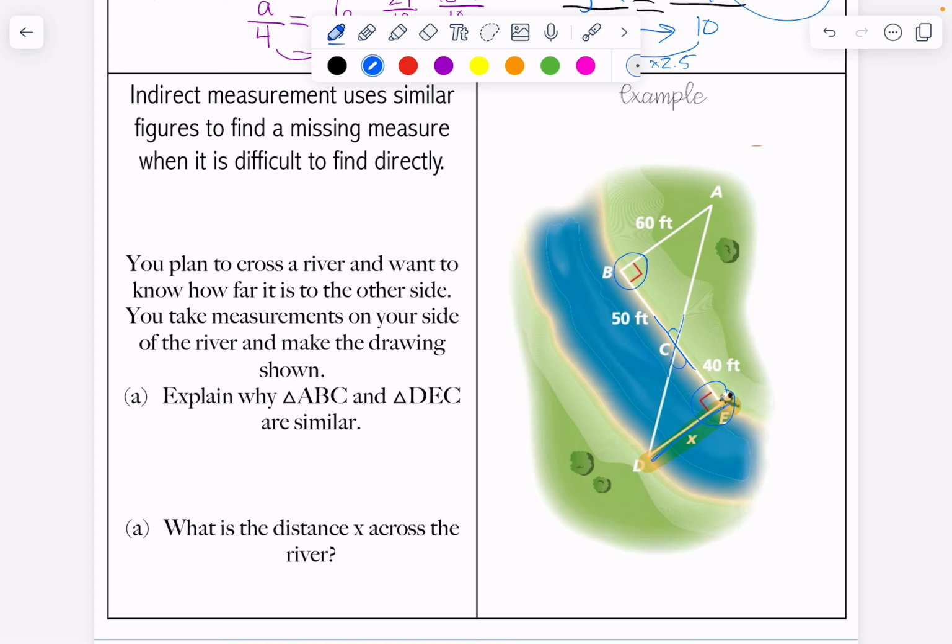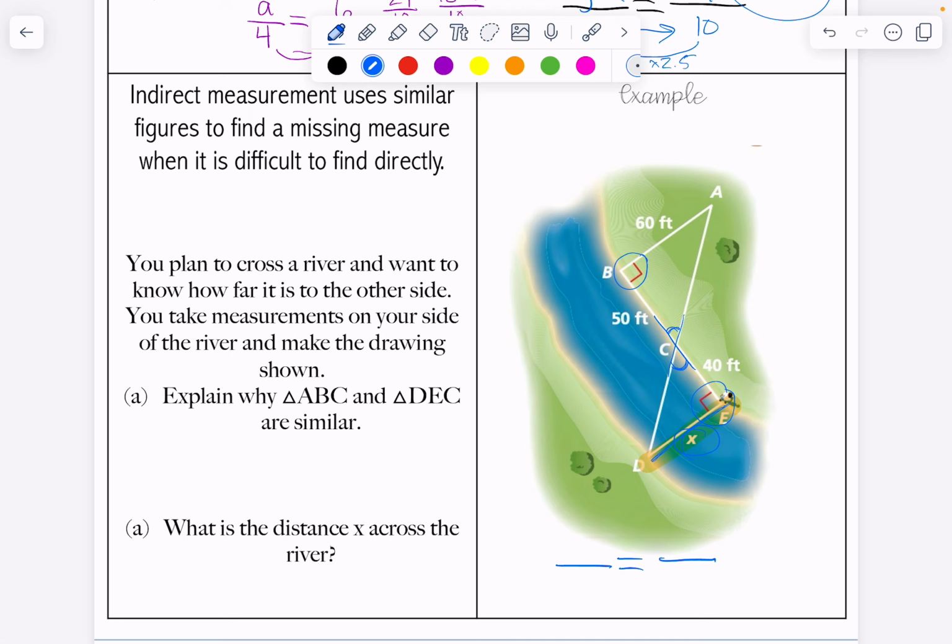So when we think back to all of our different angle relationships we've talked about this entire semester, these two angles are vertical. Vertical angles are congruent. So that means that this angle is congruent to this angle. And so when they're congruent, now I have at least two angles congruent, which means that these are similar triangles. So that means I can use a proportion to solve for my missing x here.